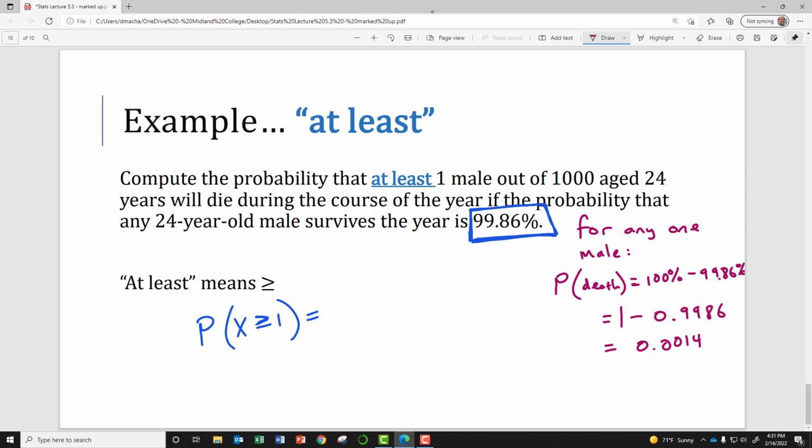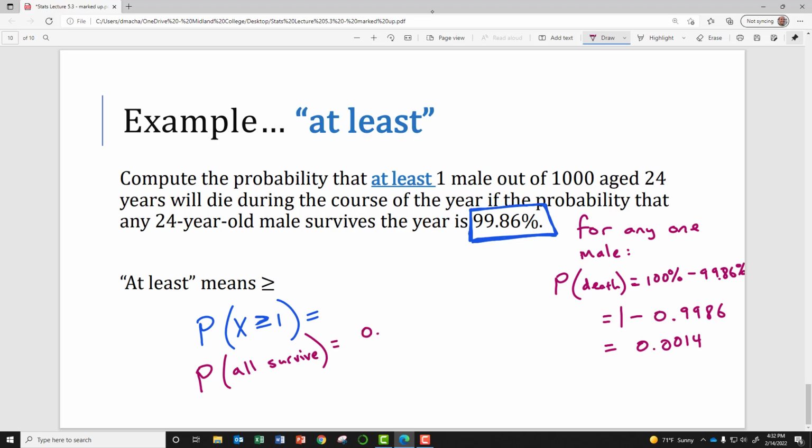But our idea here is that if any one of these 1,000 dies, we're counting it as, the event has occurred right here. We're counting as a probability that it's greater than or equal to 1. And so what we're going to do is actually consider what's the probability that all of them survive. And maybe you don't see where I'm going with this immediately, but the probability that all of them survive means that every single one out of the 1,000 have to survive.